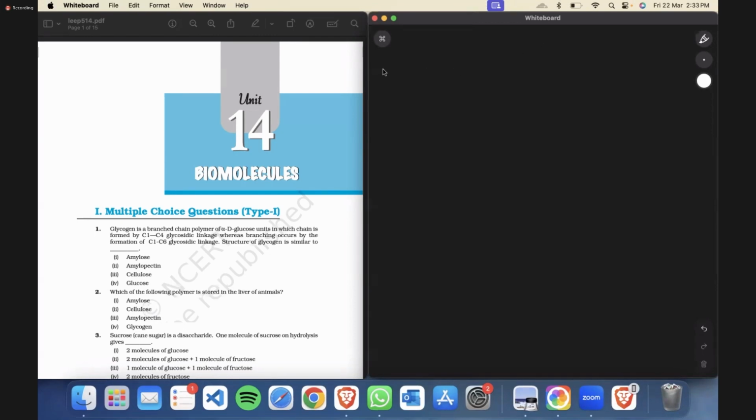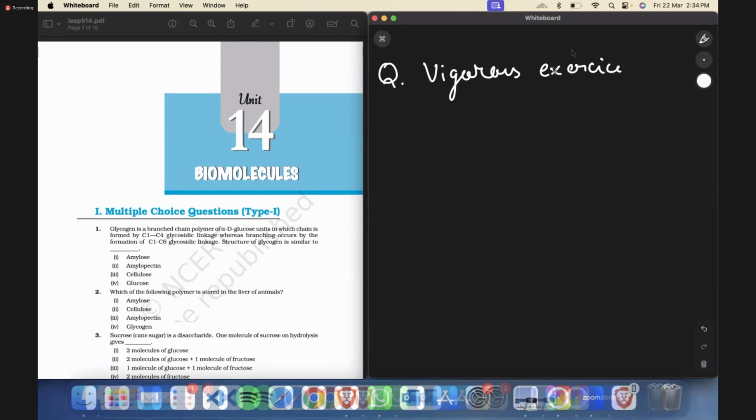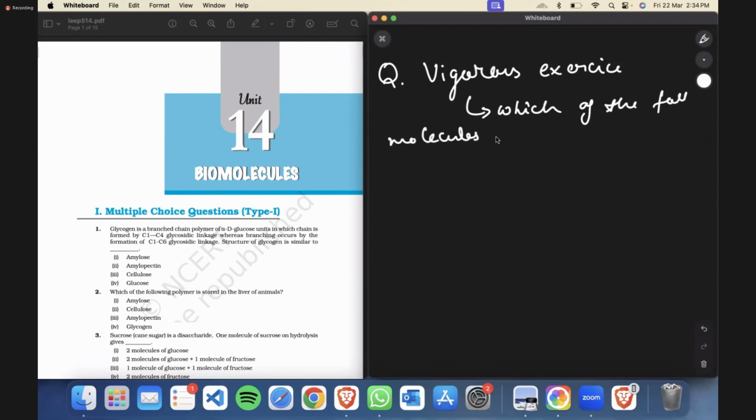Let's shorten the question: if you do vigorous exercise, then which of the following molecules will accumulate in the muscle? I'll give you some options.